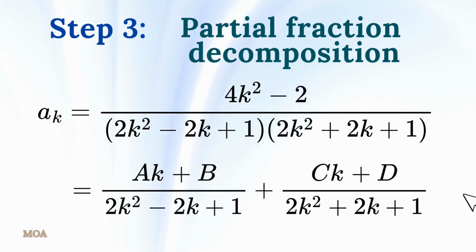Now, since the denominator of the general term is expressed as the product of two quadratic expressions, the partial fraction decomposition allows us to rewrite it as (a times k plus b) over (2k squared minus 2k plus 1) plus (c times k plus d) over (2k squared plus 2k plus 1).